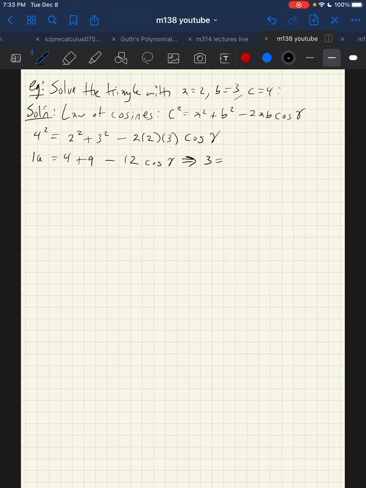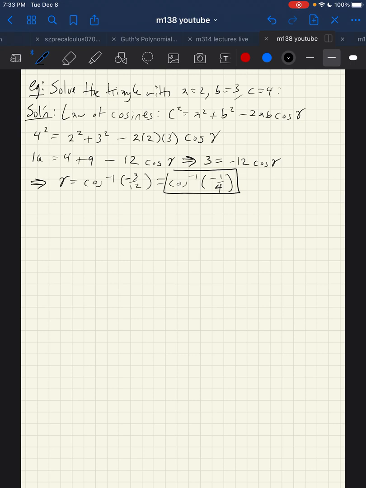Because this is 13 from 16, 3 equals negative 12 cosine gamma. And this tells me gamma is cosine inverse of negative 3 over 12, which is of course cosine inverse of negative 1/4. I could compute that, but I'm going to go ahead and leave that there.